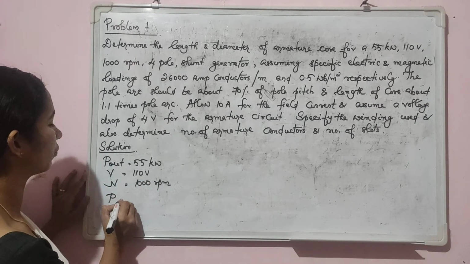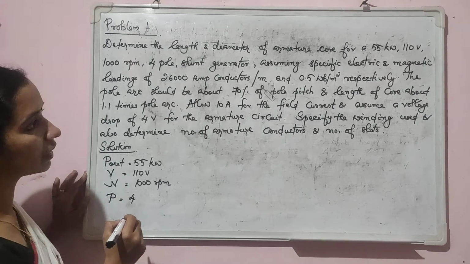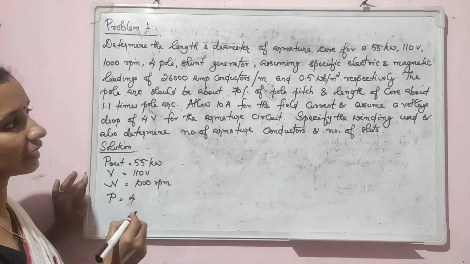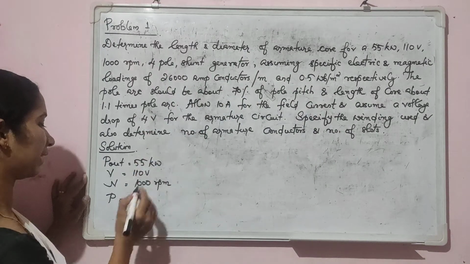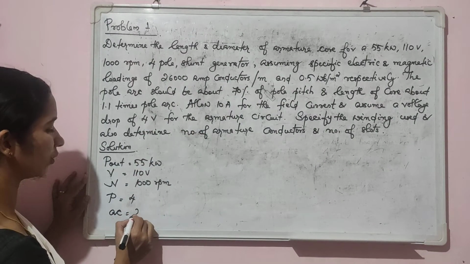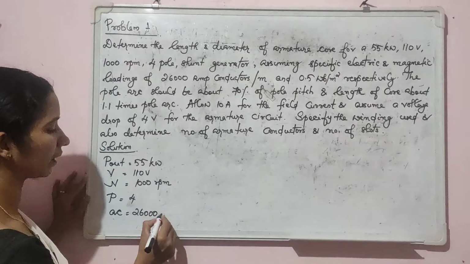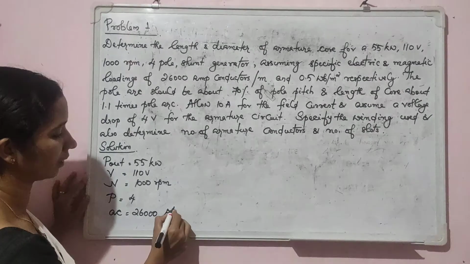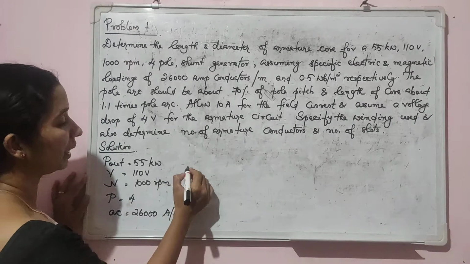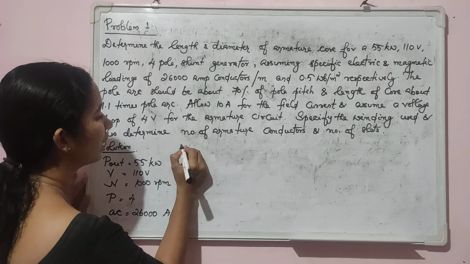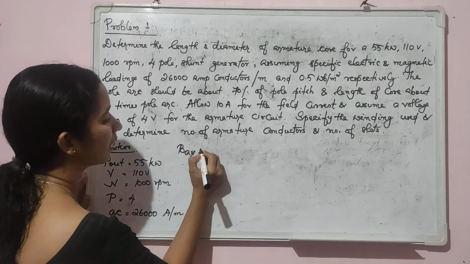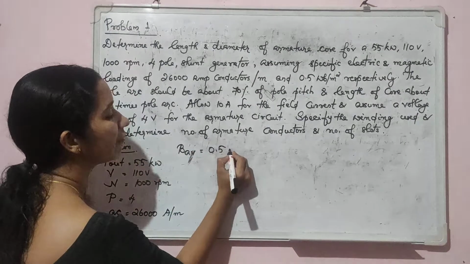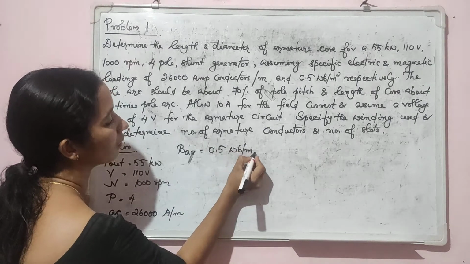Number of poles is 4. Shunt generator. Assuming specific electric and magnetic loading, specific electric loading AC is equal to 26,000 ampere conductors per meter. Then B average, specific magnetic loading, is given as 0.5 Weber per meter square.